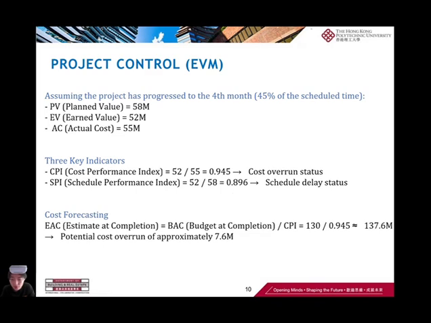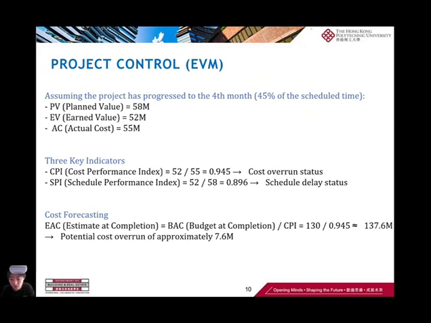Using CPI for cost forecasting, the estimate at completion becomes approximately 167.6 million, suggesting a potential cost overrun of around 7.6 million compared with the original budget of 160 million.